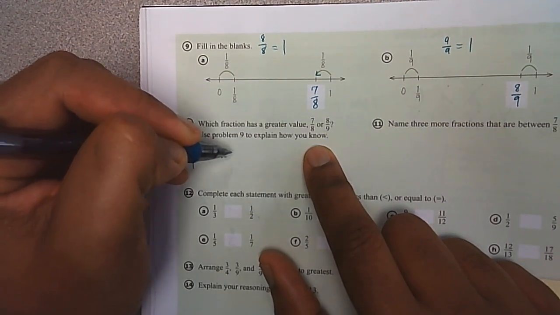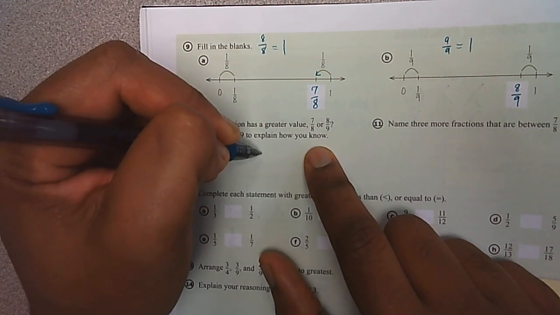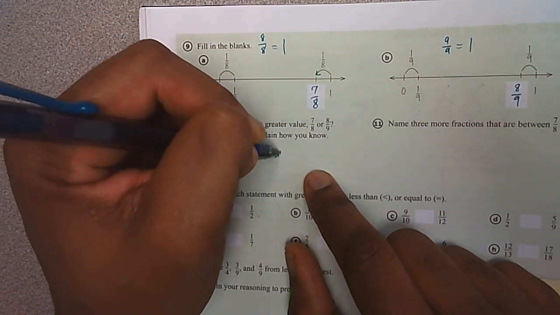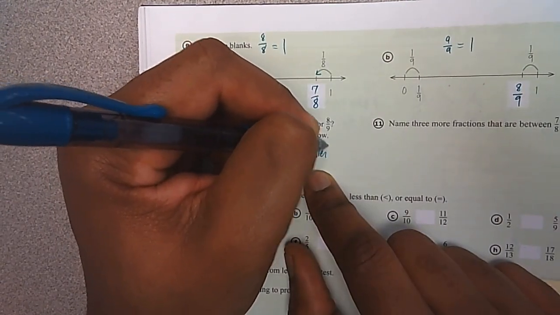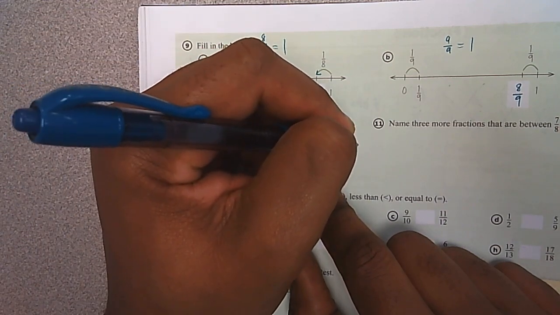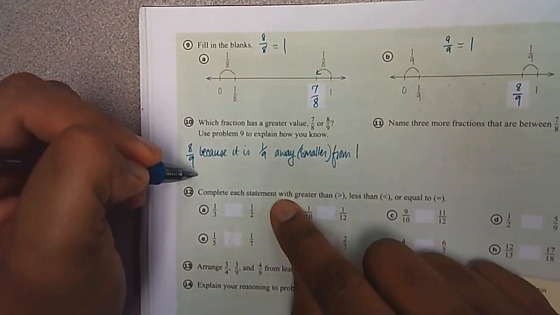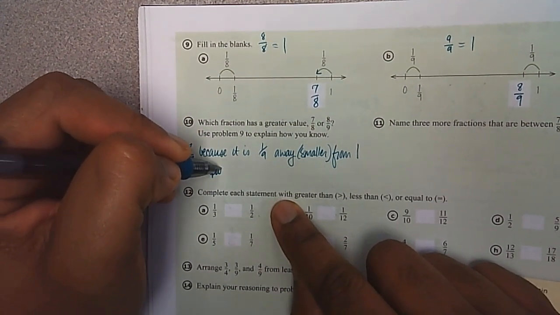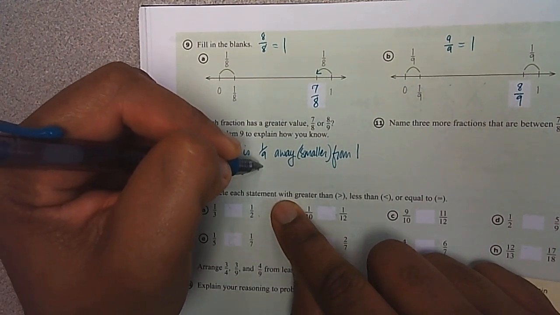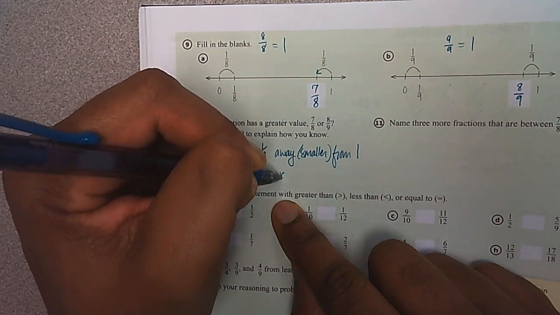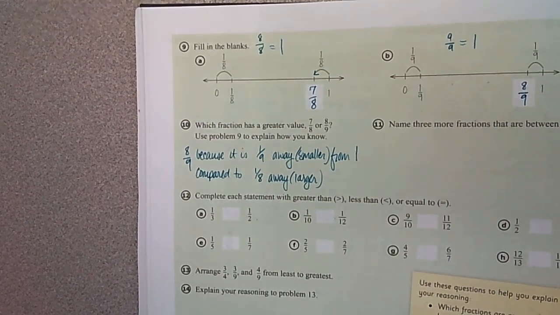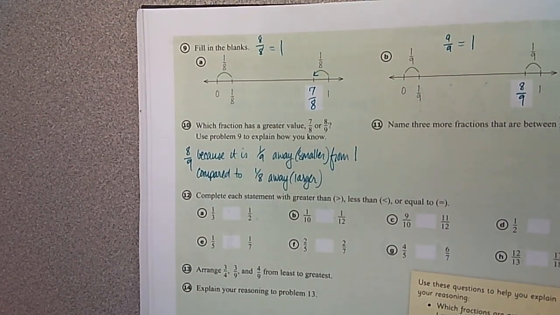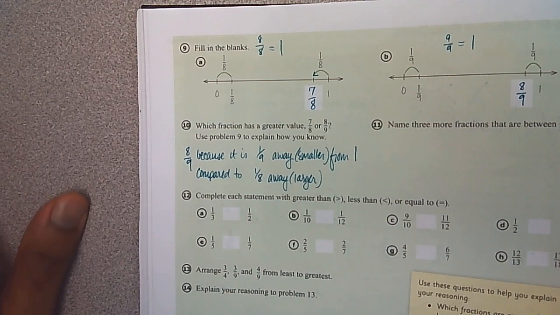Because it is 1/9 away, smaller, from 1, compared to 1/8 away, which is larger. So when we're looking at these fractions 1 apart, basically we're comparing what piece is missing.